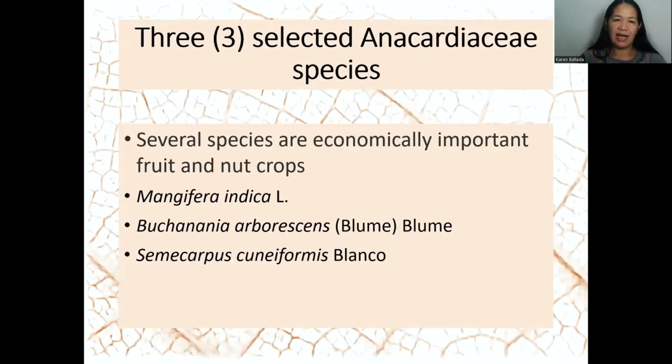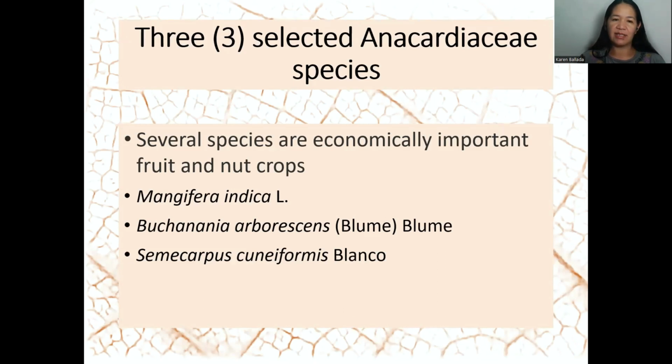And then lastly, I would like to share with you another study on selected Anacardiaceae species. This is my output, and I haven't published it yet, but I would like to share it here. We already know that there are several species in Anacardiaceae that are economically important fruit and nut crops, and this includes mango, or Mangifera indica.